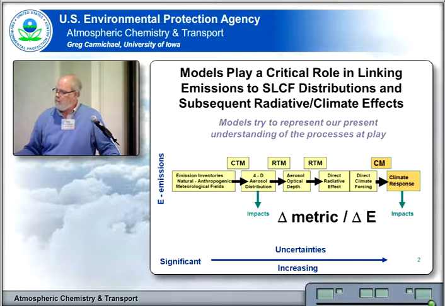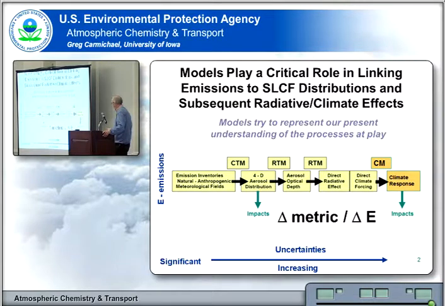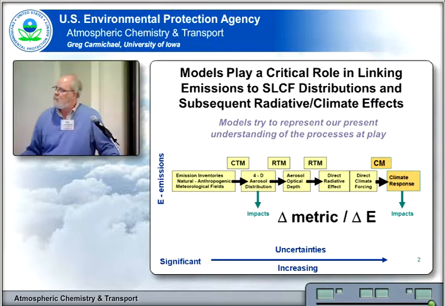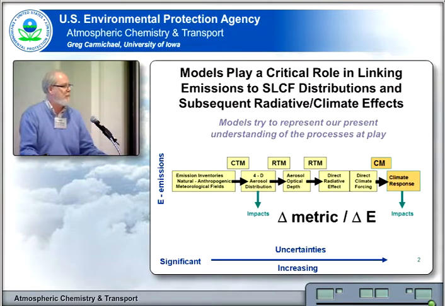And again, ultimately, from a policy perspective, what we're trying to do as we move forward through a lot of these assessments is to use these tools, in this case, modeling and observations, to really try to understand a change of some metric with respect to the emissions, and so that will give us guidance. And I want to point out that clearly the models really represent the entire community.